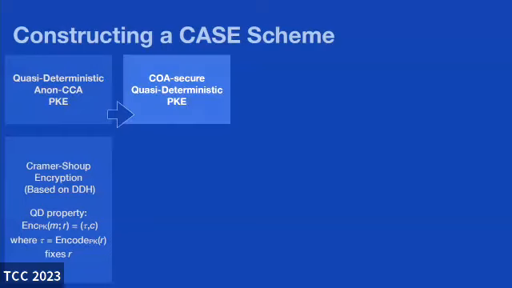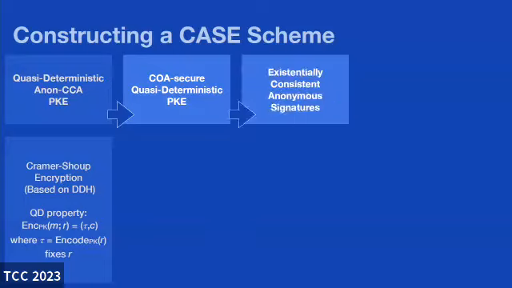And from Cramer-Shoup, we build something called CCA secure quasi-deterministic PKE. So it's a little bit like our CCA secure case, but simpler because it's only PKE. And when we use that to also do something for signatures, we get anonymous signatures, which have this existential consistency property mentioned.